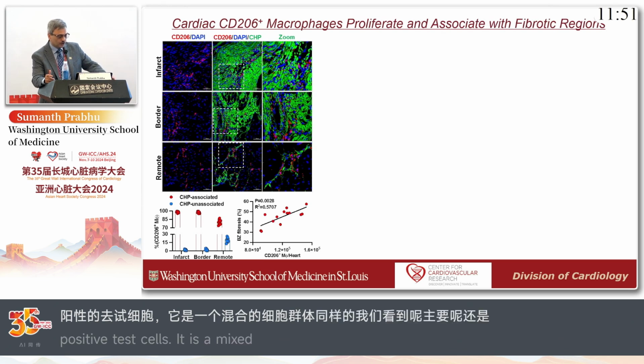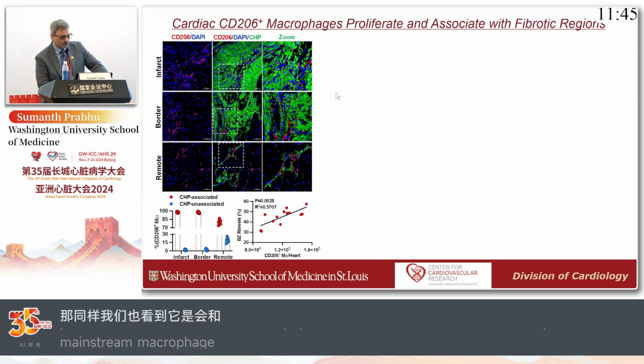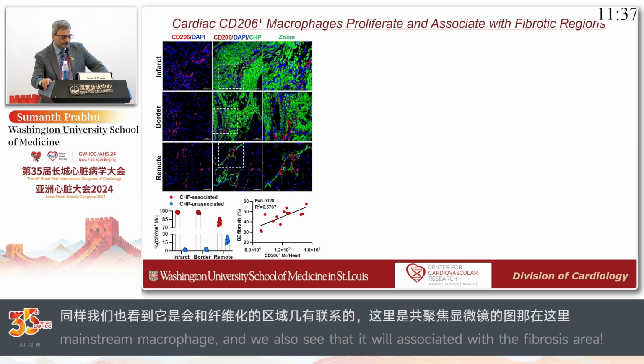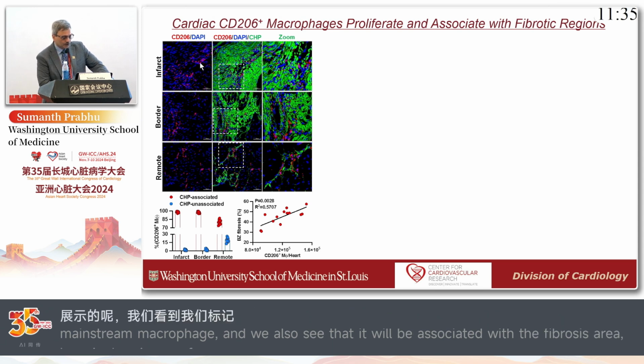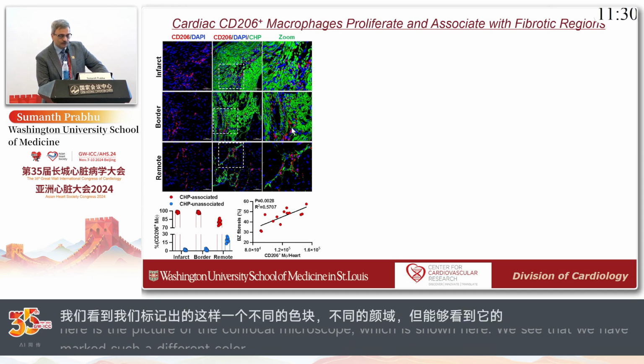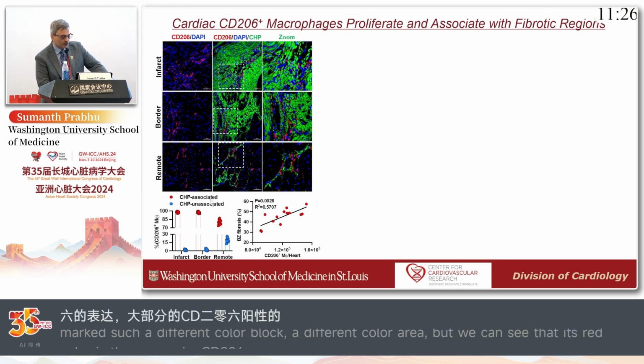They're also associated with fibrotic regions. So this is a confocal image. The green here is staining with collagen hybridizing peptide. And what this does is it labels sites of collagen turnover. And what we see here is that the red here is CD206, and most of the CD206 macrophages are associated with CHP staining.